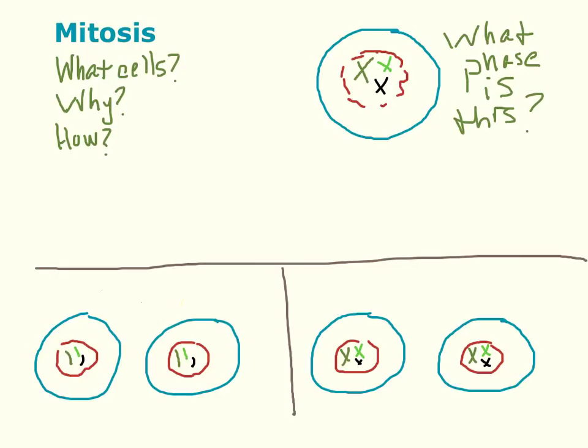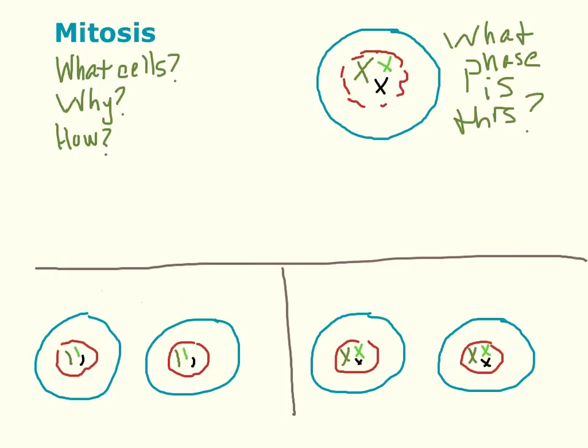We've been through this many times, and you should have that trick down of whatever you use to remember PMAT. As you know, I use Paul Makes Taco, and I've been using that a long time. Okay, so you should pause for a second to write down those big questions. Those are always on MCAS, and those will definitely be on your test to know what cells, why, and how.